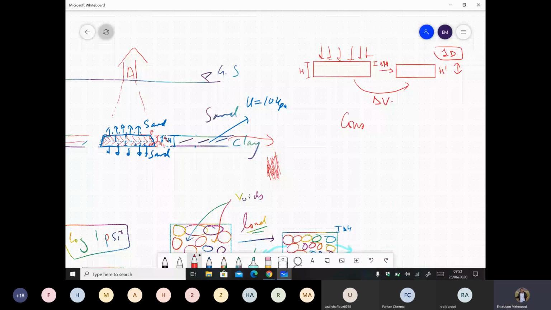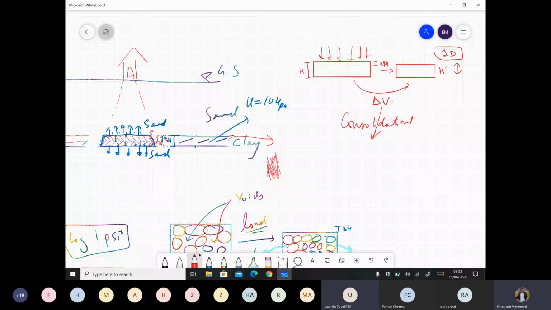So we know that delta V would mean what? If I'm saying that there is a change in volume, what do I mean? In a one-dimensional consolidation test, where is the actual change? Can you point it out? Sir, the change will be in the height only.